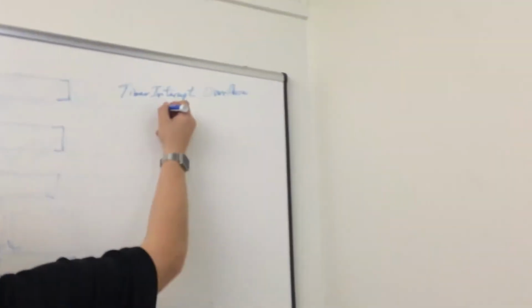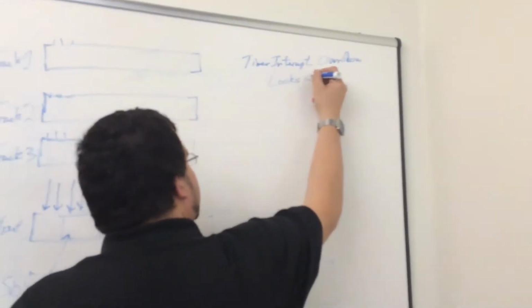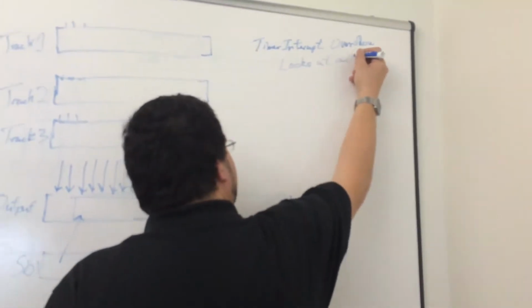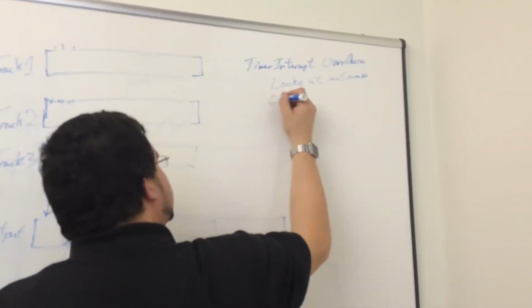So the timer interrupt overflow. What happens in here is it looks at next number, changes output.